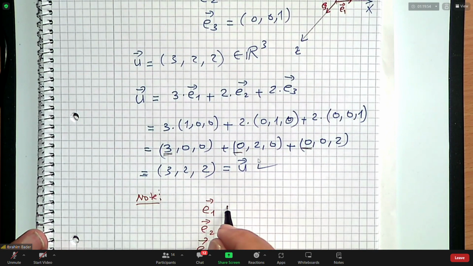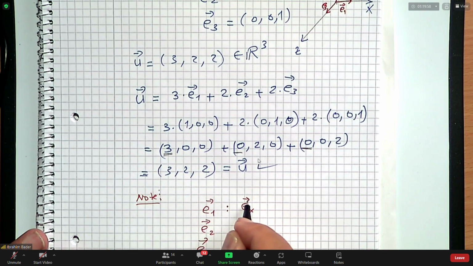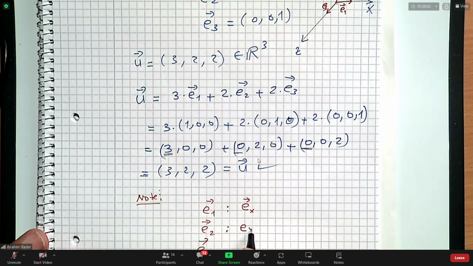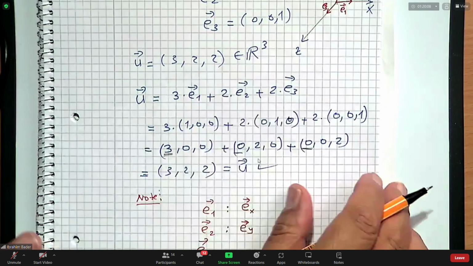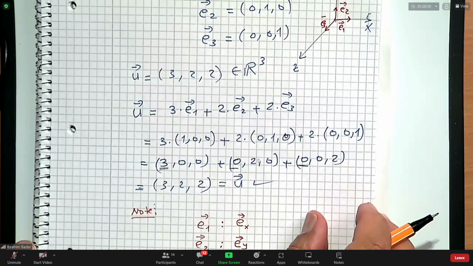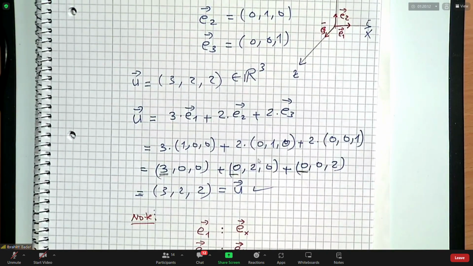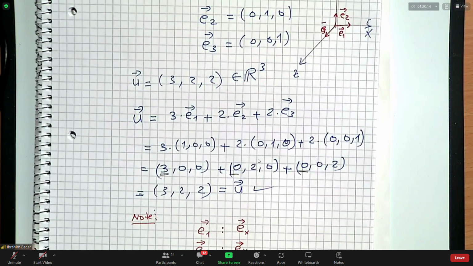E1 is sometimes used as E sub x, this one is E sub y, referring to the unit vector in x direction, as you see in this illustration up there, or E sub z.